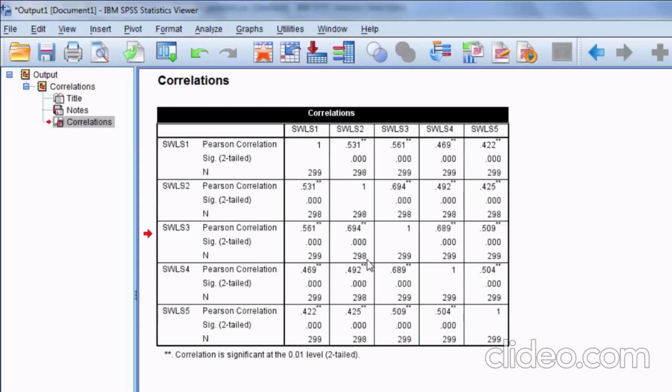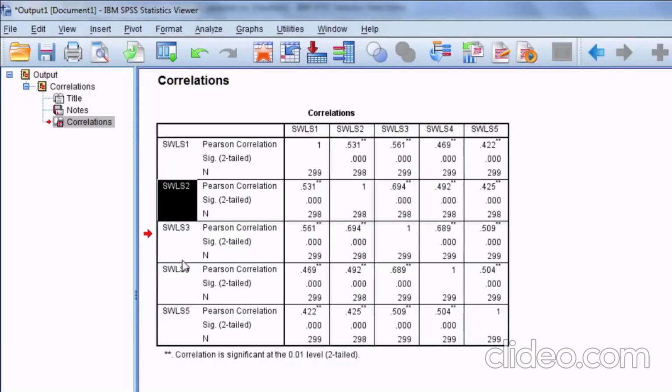So notice that we're starting with five variables, SWLS1 through 5, and hopefully, when we run our factor analysis, it will come out with one component that does a good job of explaining all the correlations here.